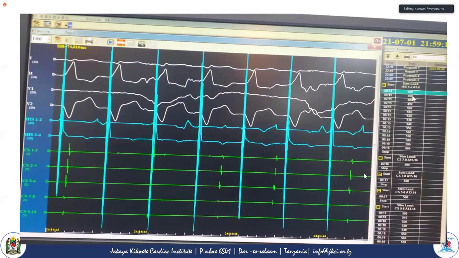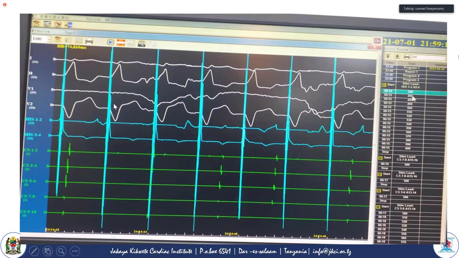So having received this patient, he was taken to the cath lab, where our approach was all sheaths and the catheters, the access on the femoral vein. Now these are the signals that we got from our catheters when the patient was already on the table.